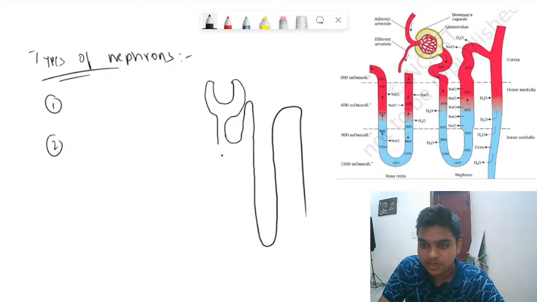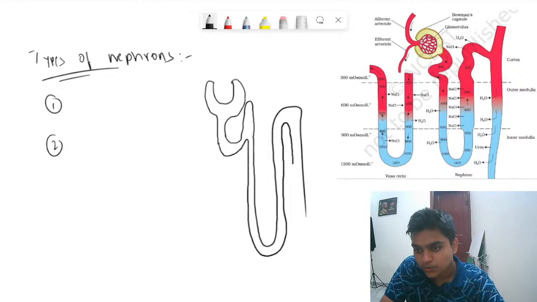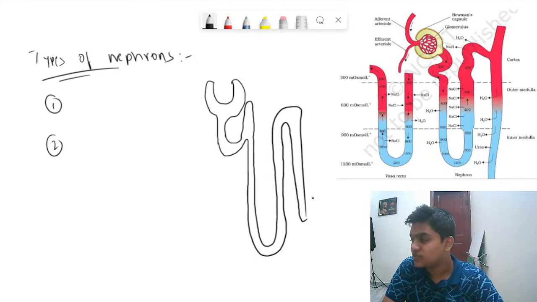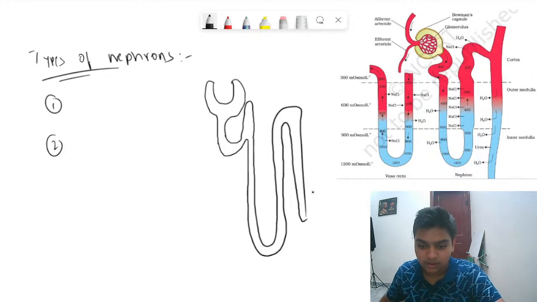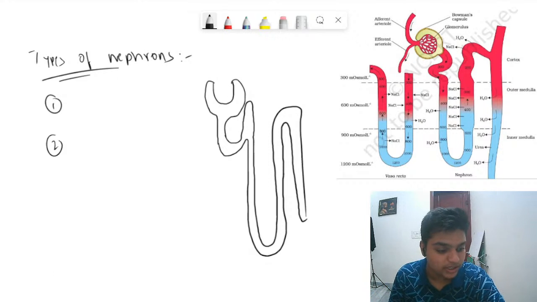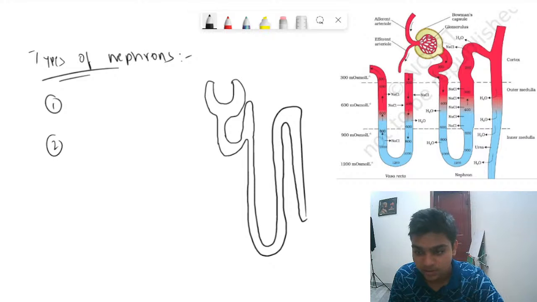We have seen something like this: PCT part, Henle's loop, collecting duct, DCT part and all.